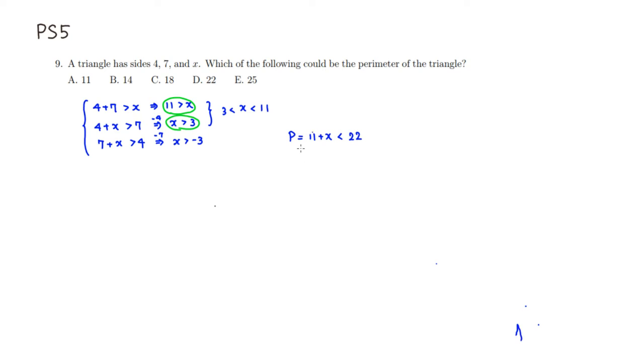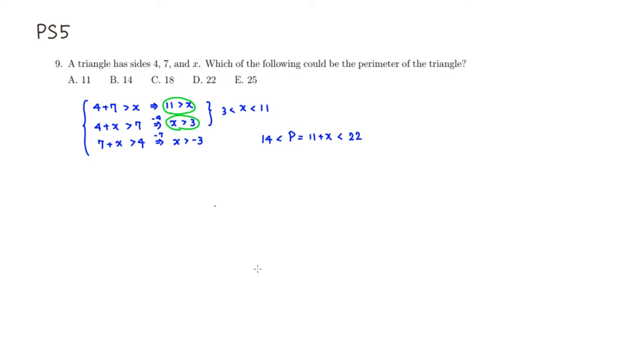And the smallest x could be is 3, so 3 plus 11 would be 14. Actually, it cannot be 14, so it has to be larger than 14.